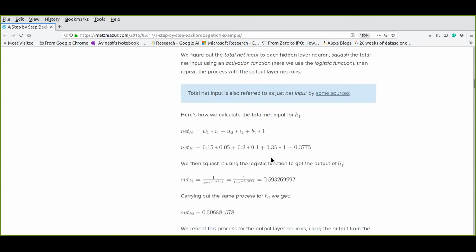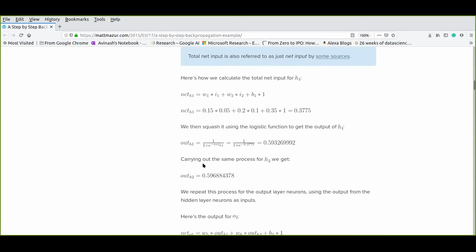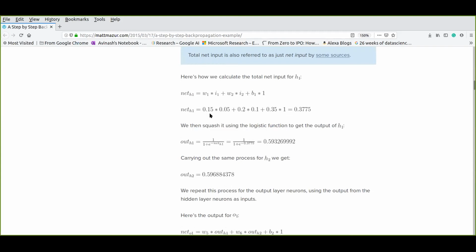Now, this is only one part of H1. What H1 does is it takes the net input and then it uses an activation function to add nonlinearity. So that's what is happening here. So we have the net input H1, which is then passed through an activation function. Here they have used a logistic function, which is the same as a sigmoid function. So sigmoid is nothing but 1 by 1 plus e power minus x.